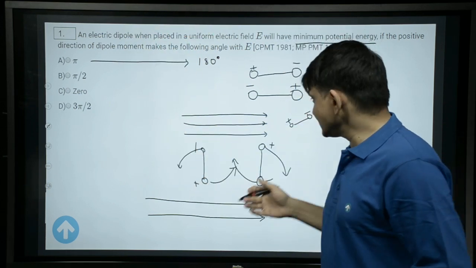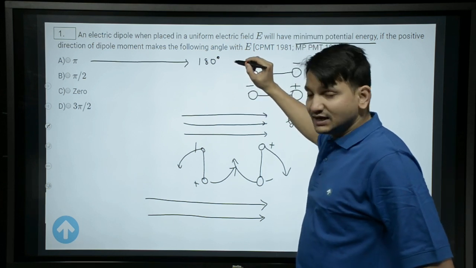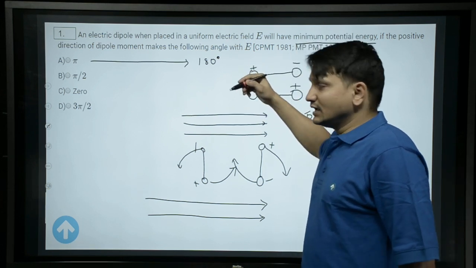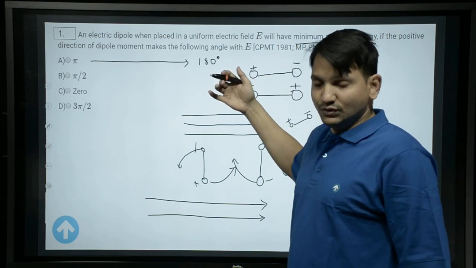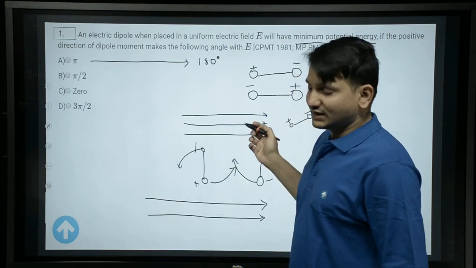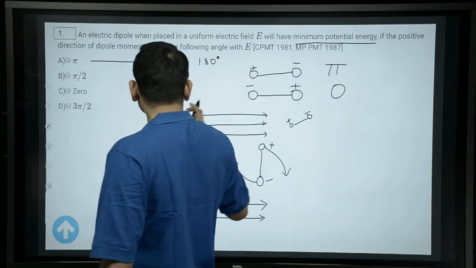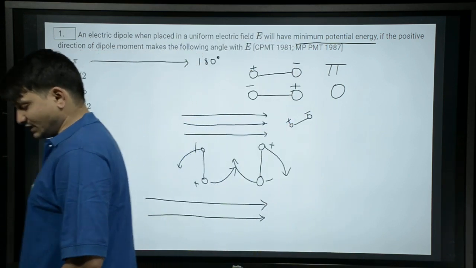In similar ways, if position 1 is lower than position 2 in terms of electrostatic potential energy, we would say that part is more stable. So try to figure out which part is more stable here.